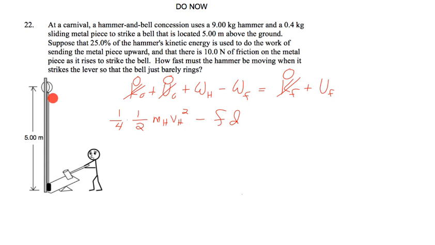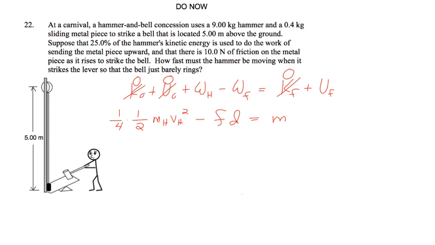I know what the constant force is as it's going up, limiting how high this is going to go. And then on the other side, I'm going to have mgh, but the m here is not the same m as the m over here, because this was the mass of the hammer, this is the mass of the metal piece.